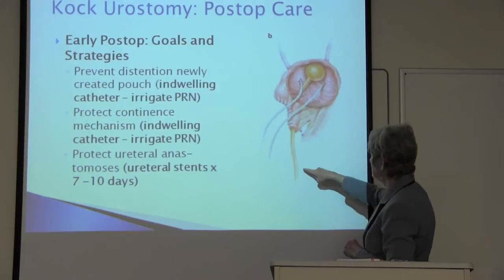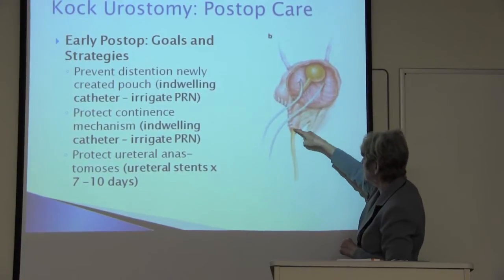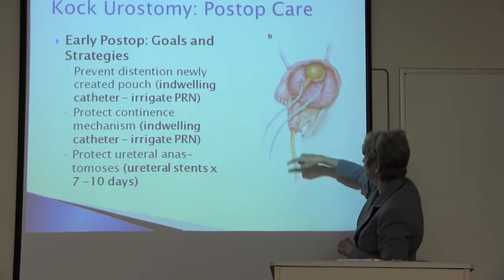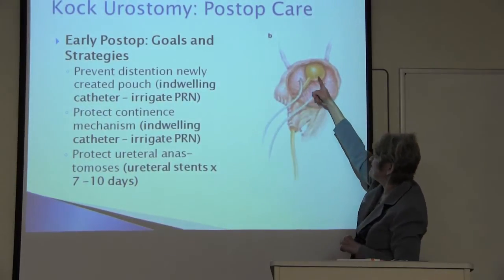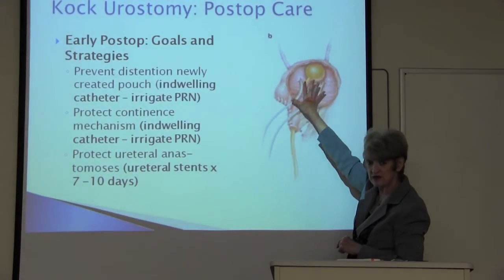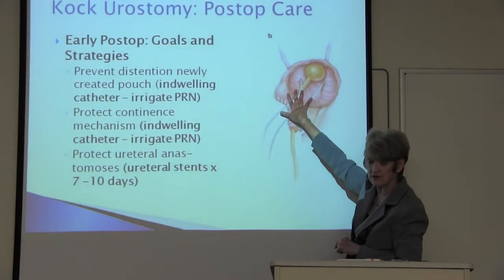That catheter is typically placed through the stoma, through the intussusception or nipple valve into the reservoir. In this depiction, they have the balloon inflated, but in reality, most of the time we don't inflate the balloon. We just stabilize the catheter.